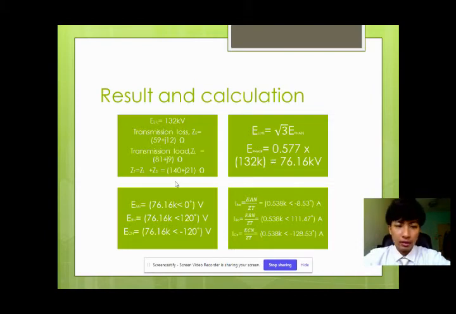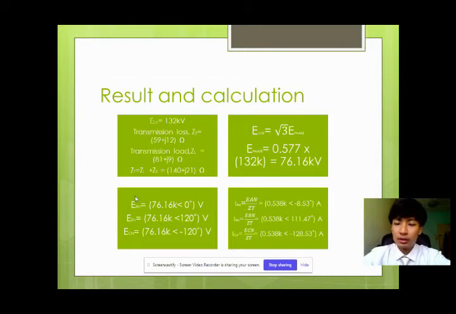So I get the value of EAN, which is equal to 76.16 kilo angle 0, EBN 76.16 kilo angle 120 volt, and ECN I get 76.16 kilo angle negative 120 volt.